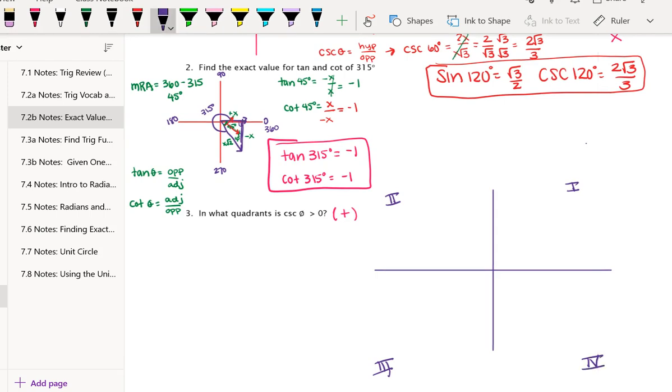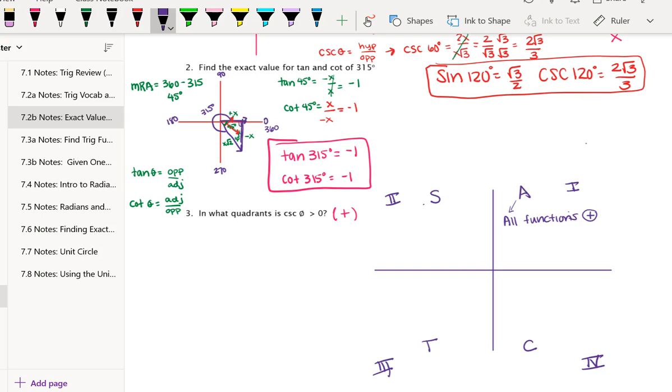In quadrant 1, we're going to use A, S, T, and C. What this means is that in quadrant 1, all functions are positive. Whether it's sine, cosine, tangent, or its reciprocal or inverse function, all of the functions are positive. Hence the A is for all. In quadrant 2, only sine and its inverse are positive.